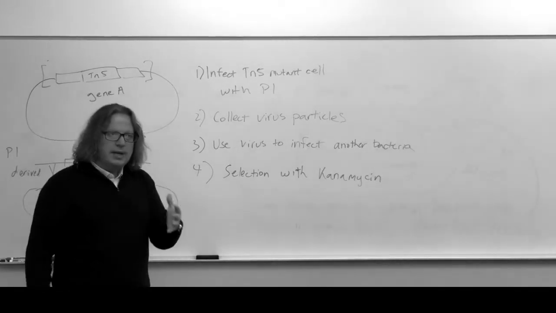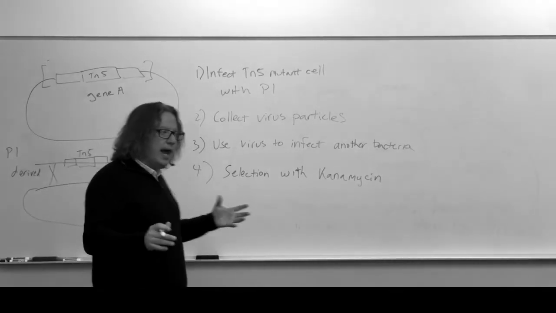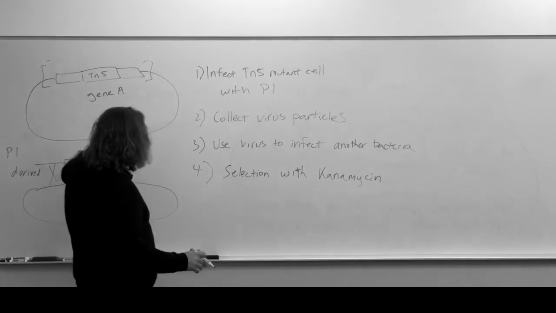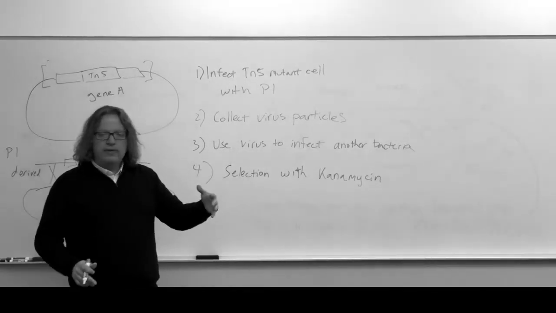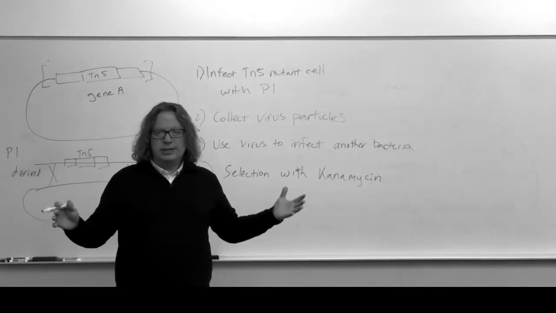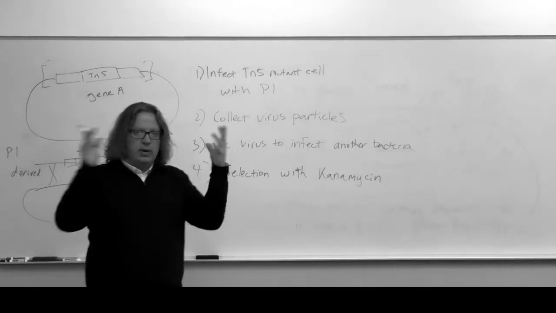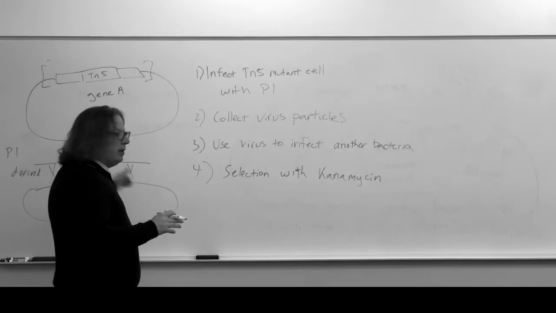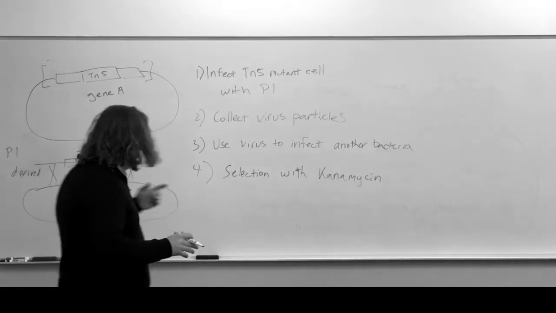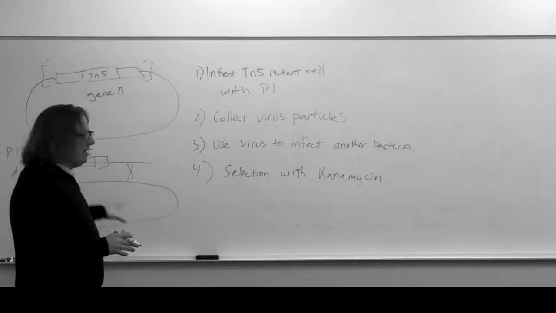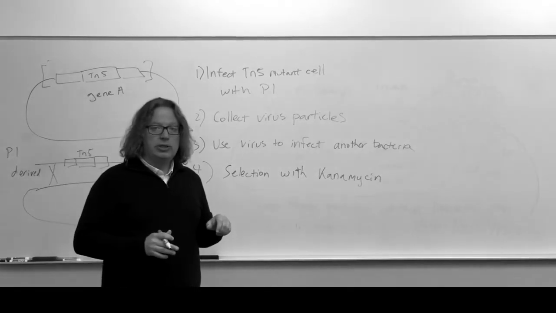So what happens if we don't have recombination? Well, what happens is that this piece of DNA that came in on a virus particle essentially gets lost. It can't replicate itself. It's just a piece of DNA with no origins of replication, no ability to maintain itself, and so it's lost if it doesn't get integrated into the target genome.